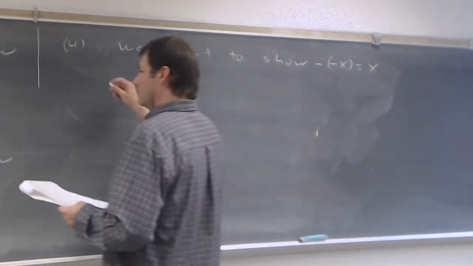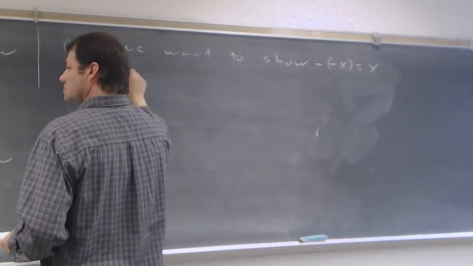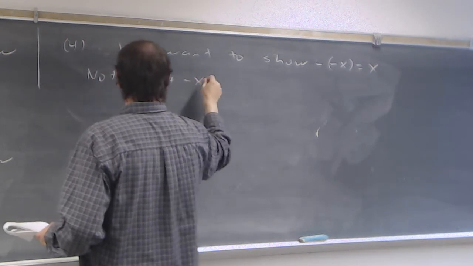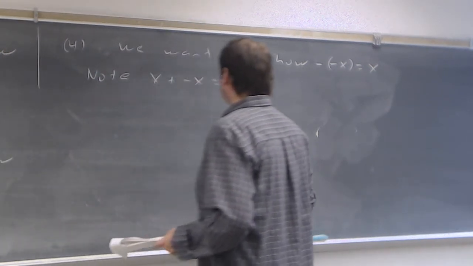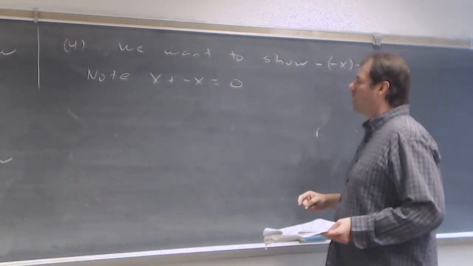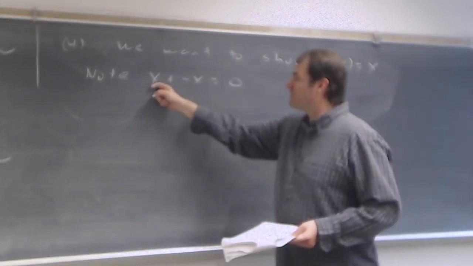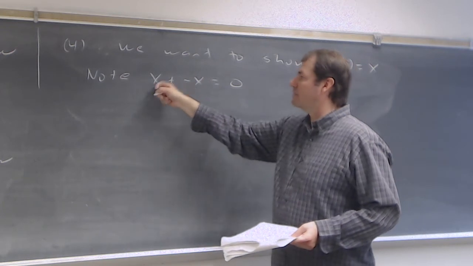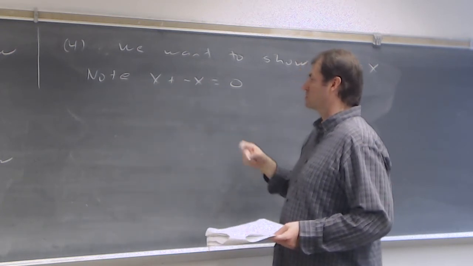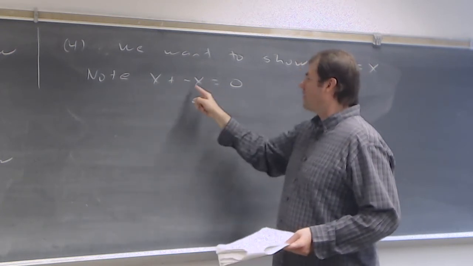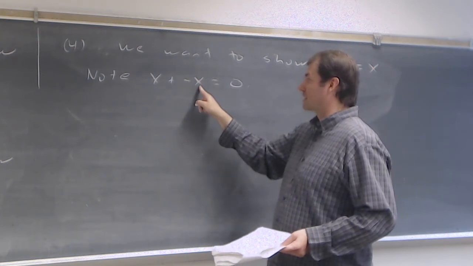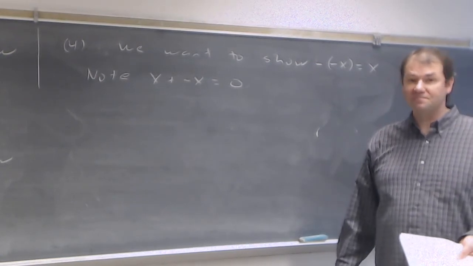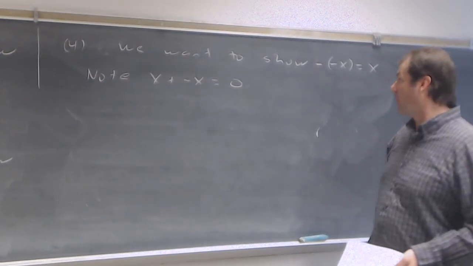So here, note that x plus minus x equals 0. So what did part 3 say? Part 3 would say if you have a first guy plus a second guy equal to 0, then the second guy had to equal minus the first, the inverse of the first. Well, here, if we apply part 3 directly now, we have minus x is equal to minus x. That's not very substantial, and it's not what we wanted to show.